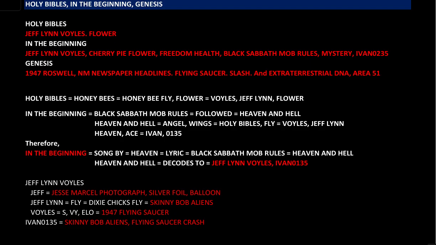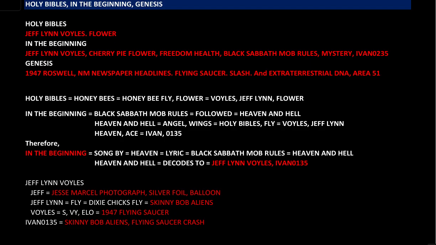All right, so I'll explain Holy Bibles translates to voiles. Wait a minute, Holy Bibles, I missed a step. Holy Bibles translates to honeybees. All right, honeybees fly to flower in order to gather pollen or whatever it is they gather.